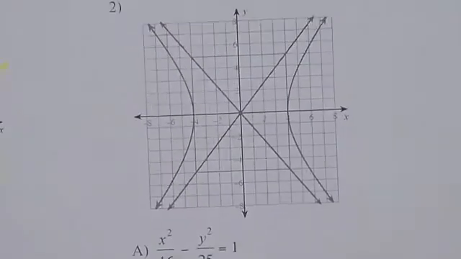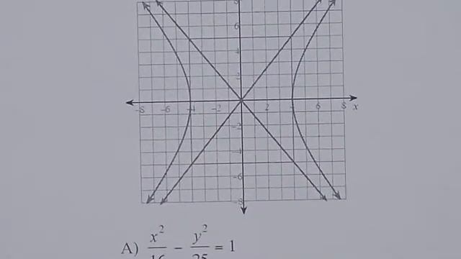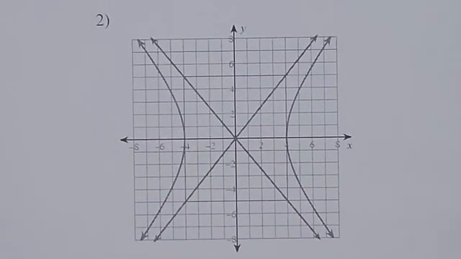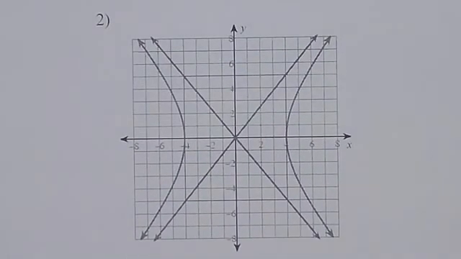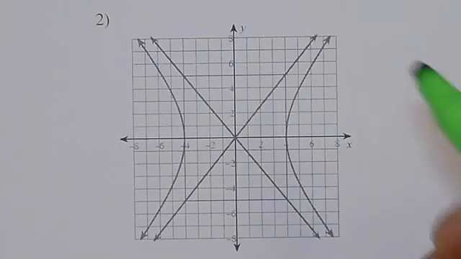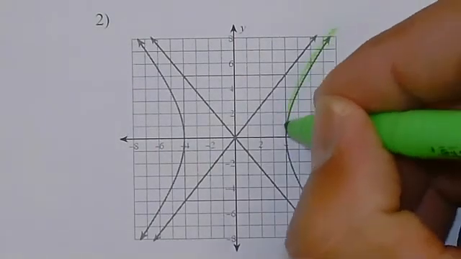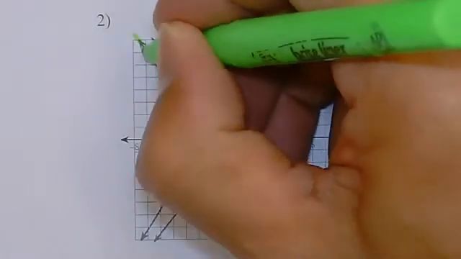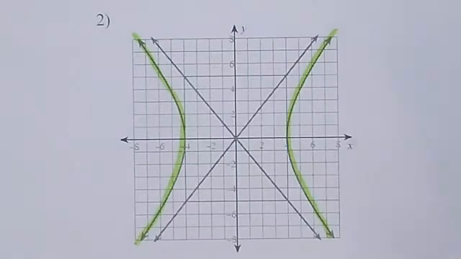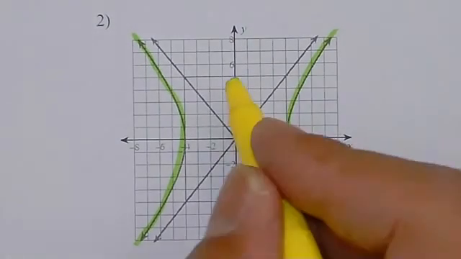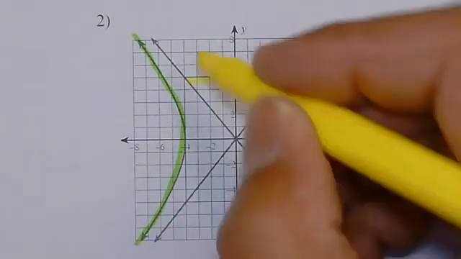All right, let's see this other one. How about this? What do we know is true about this one? Well, the branches are now here. Can you guys see where the rectangle is? Yeah?